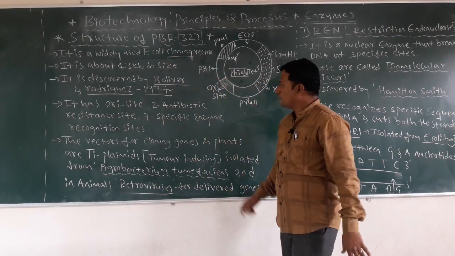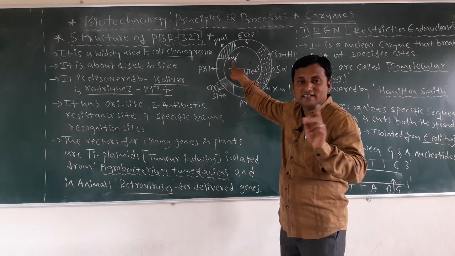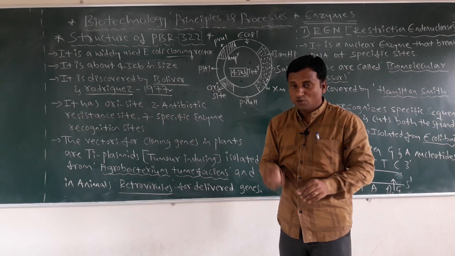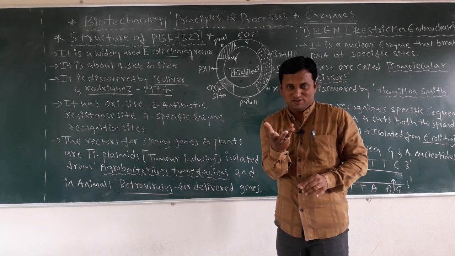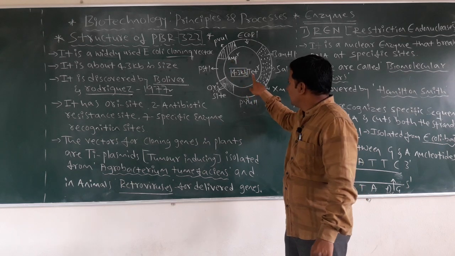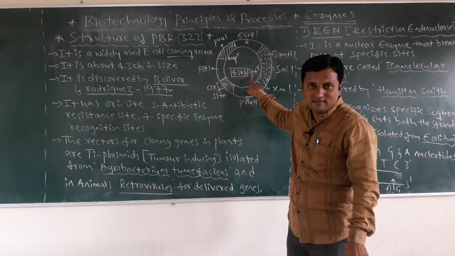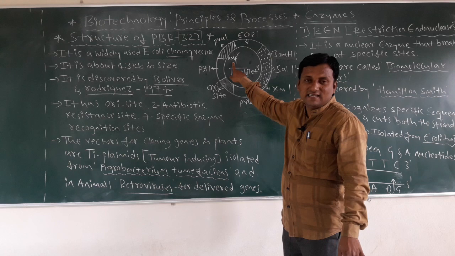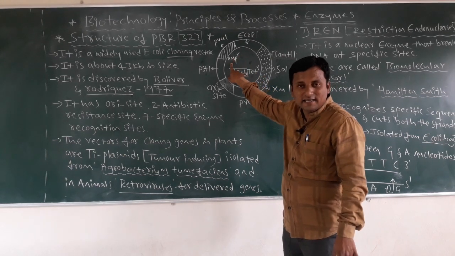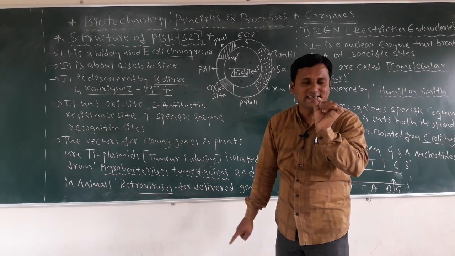Another very important thing is that inside there are two antibiotic resistance genes. Those give the power. We call them AMP-R and TET-R. What is this? Ampicillin resistance. Here R means resistance, and AMP means ampicillin.